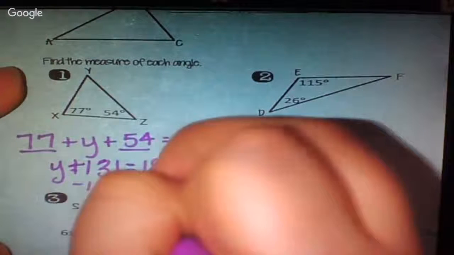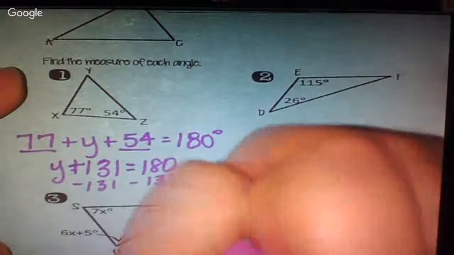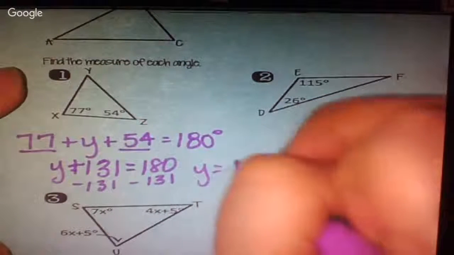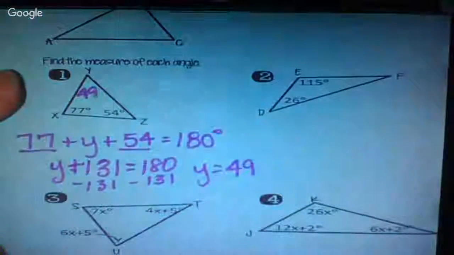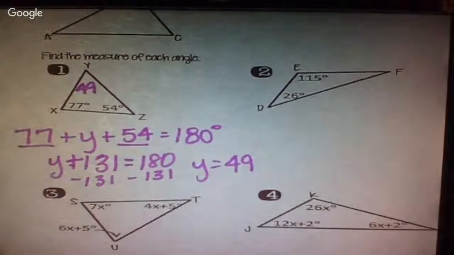Subtract 131. And Y equals 49. Keep it short. Add both of them together and subtract from 180. That works too. Yes, that works too. It all does the same thing.